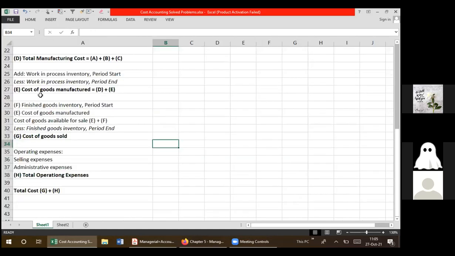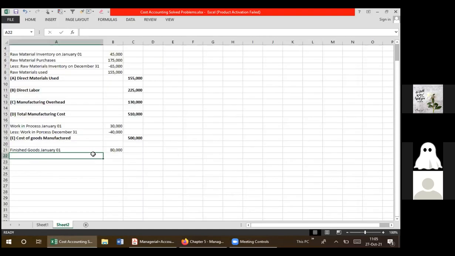Next step is cost of goods manufactured is added to it, which is 500,000.